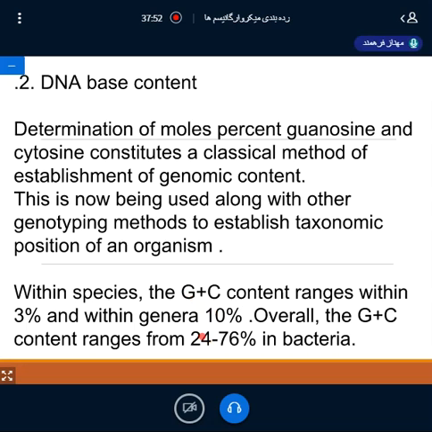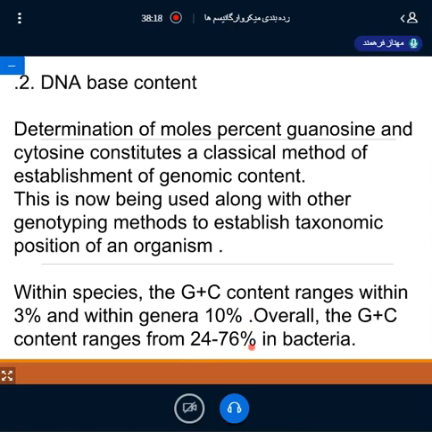So in general 3% and up to 10% we can see, and in bacteria, that is very important, 24 up to 76%.